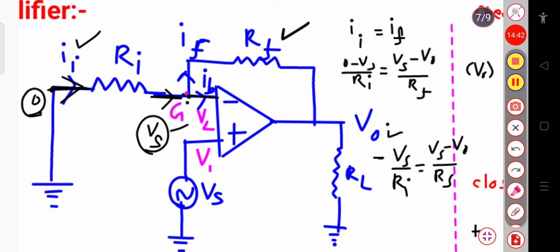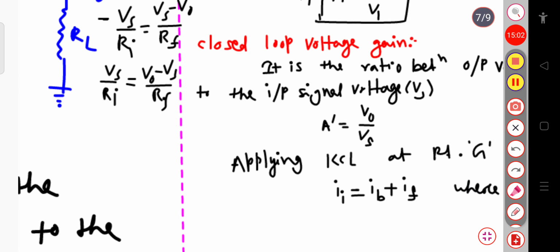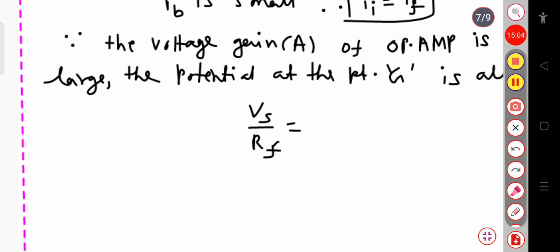If I take common this negative sign, Vs by Ri will be equal to (Vo minus Vs) divided by Rf. So this negative sign gets cancelled. I am just writing the same part here.